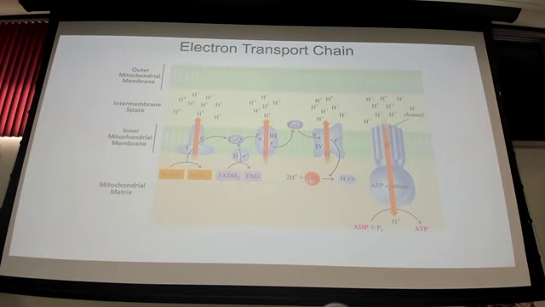So that NADH and FADH2 will be transported to the mitochondria to produce ATP.